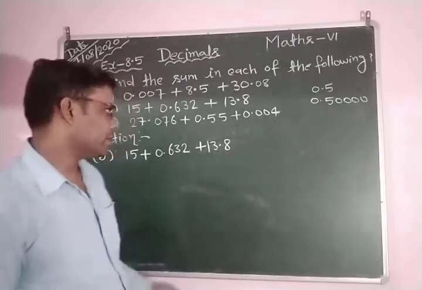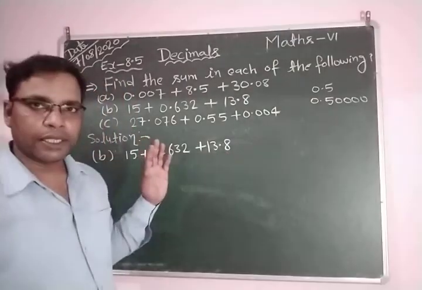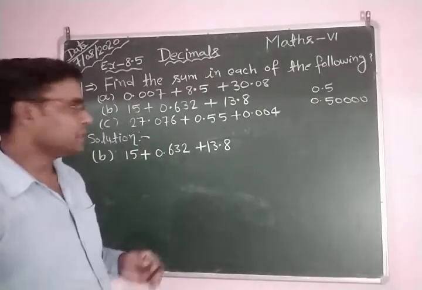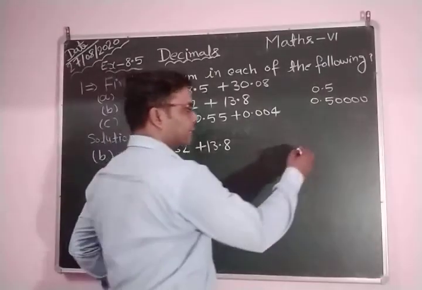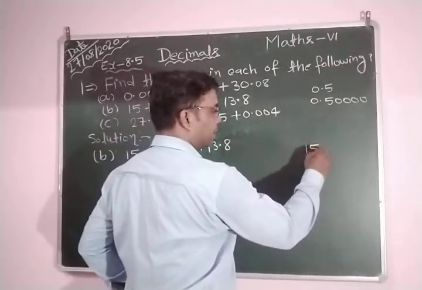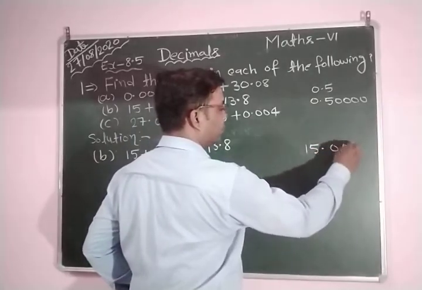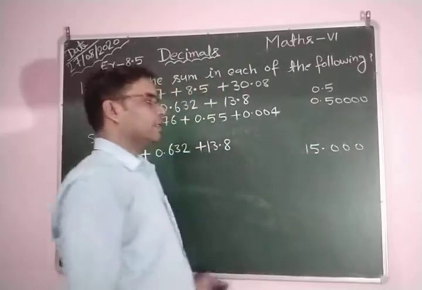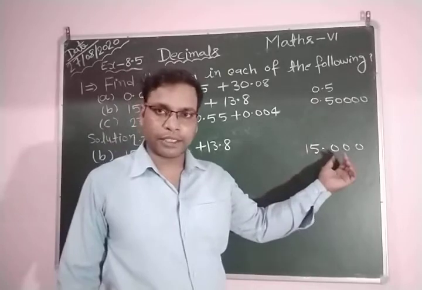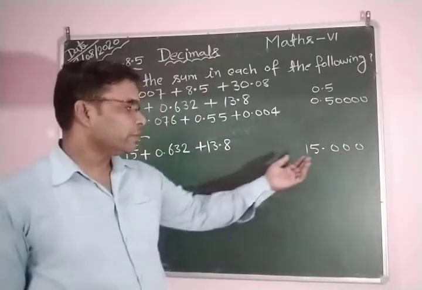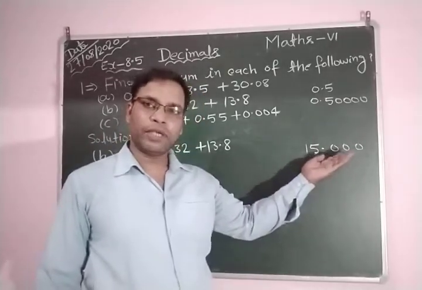So you can also add by the column method. For the column method, we can write here 15.000. Here you can see after the decimal 3 digits, but the value of this number is only 15.